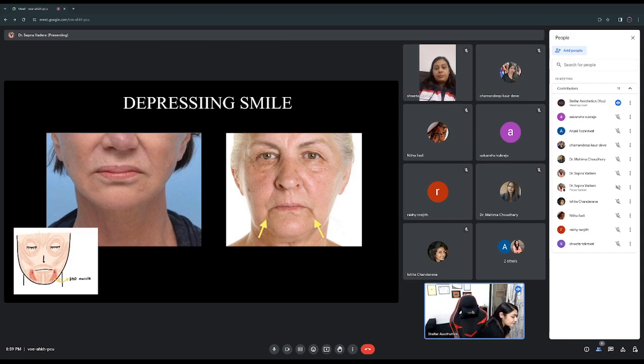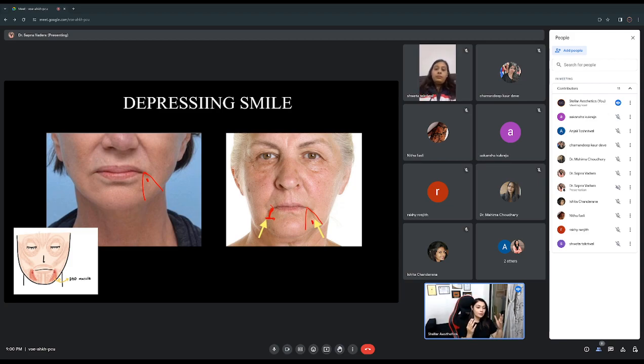Can you see the darkness at the corner of the mouth? That is coming till here, whereas it's just till here in the first picture. That means only this part of the muscle is more hyperactive, whereas in this picture the hyperactivity is at this level, because it's pulling the corner even further down.